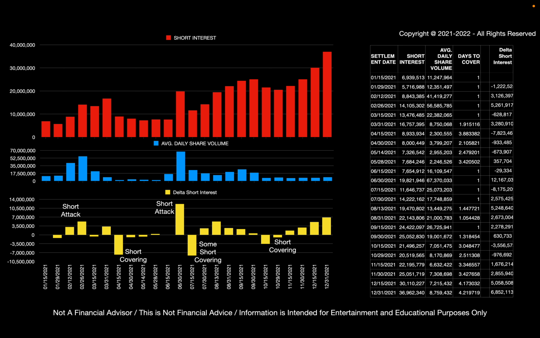That's clearly evident from the delta in short interest. It's been increasing dramatically. In the middle of the year, we've got a short attack, right? You can see that by the positive delta in short interest. And at the end of the year, you can clearly see that there's been a short attack, right? Because of the consistent positive delta in short interest.